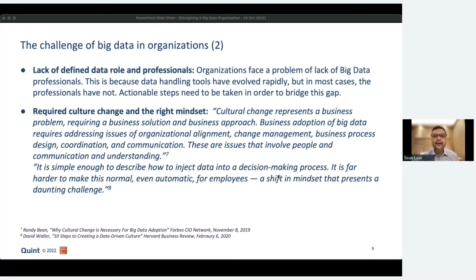And the final common challenge in big data organizations is the required cultural change and the right mindset. If you look at the statement at the bottom, it is simply not enough to describe how to inject data in the decision-making process. It is far harder to make this normal, even automatic for employees. A shift in mindset presents a daunting challenge, right? Big data is not just getting a bunch of people doing big data projects. Everyone in the organization must have the right culture and mindset to want to do big data.